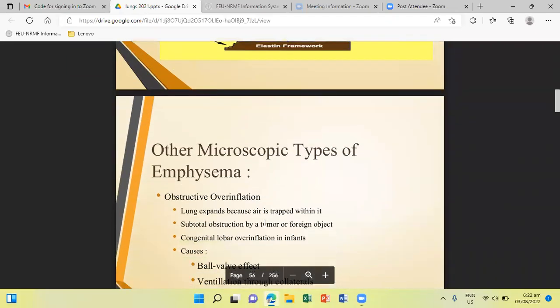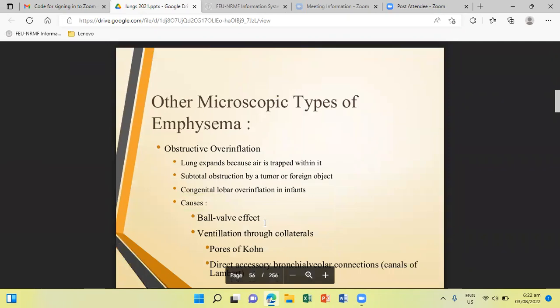Now, there are different types of emphysema. You have congenital lobar overinflation in infants. Hypoplasia of bronchial cartilage, sometimes associated with congenital cardiac or lung abnormalities, creating what we call the ball valve effect.